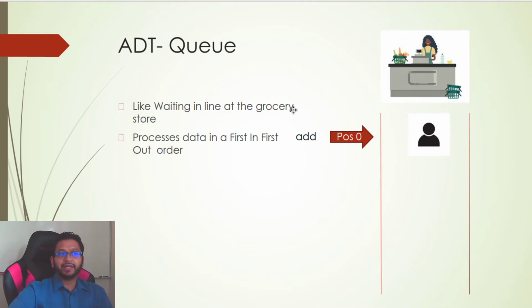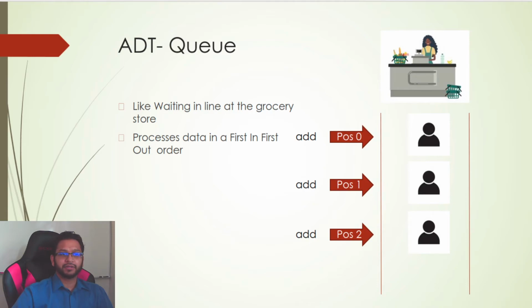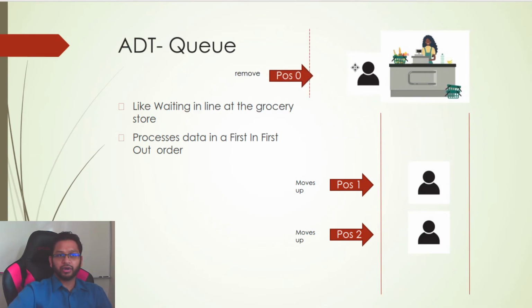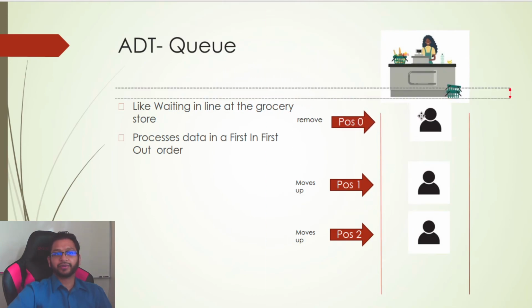So we're adding into the queue, at position 0, one person. And then let's add a couple more people in line. So now we have a couple of people in the queue, and then we're just taking off the first person that came in. We want to remove the first person, and they're going to go up and around and get checked out.